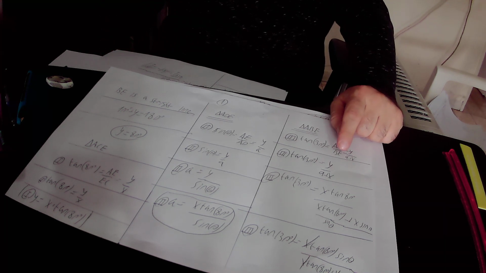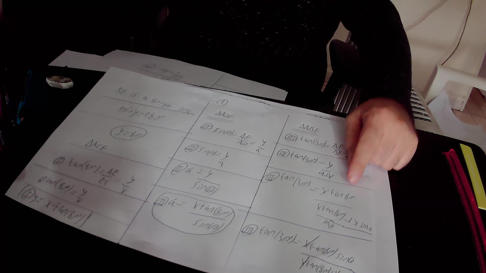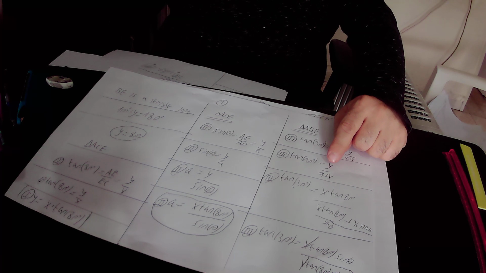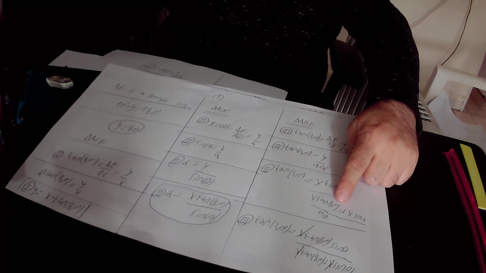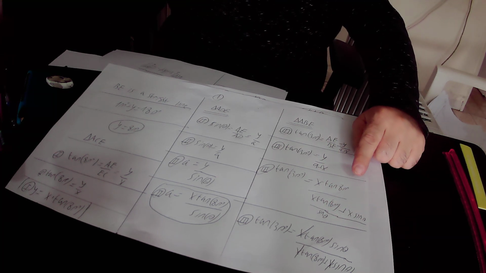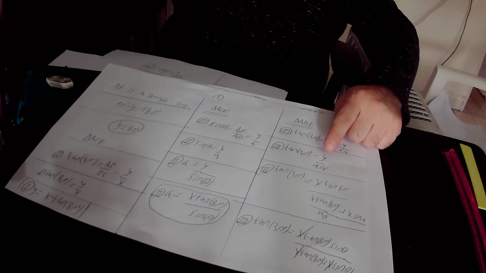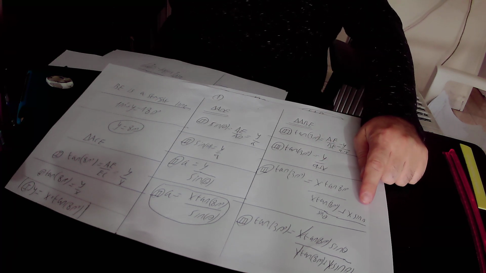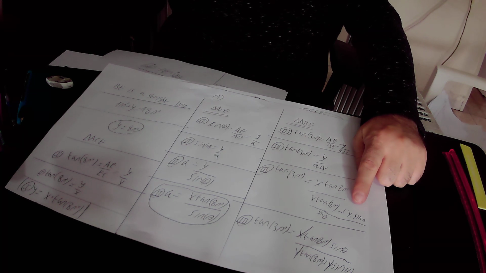Then we substituted Y by X tangent 80 degrees, and here we substitute A by X tangent 80 degrees over sine theta, and we got this expression. We also have to add X, so we multiplied X by sine theta and then divided it by sine theta, so we change nothing.